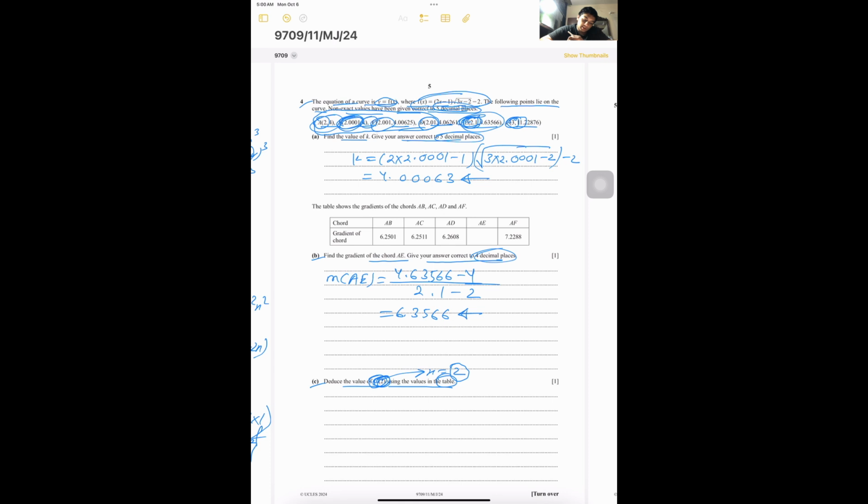So we make an estimation based on the gradients for the x values nearest to 2. Gradient of AB is 6.25, AC is 6.2511, AD is 6.2608, and from E the values are far apart, so f prime 2 is equal to 6.25.